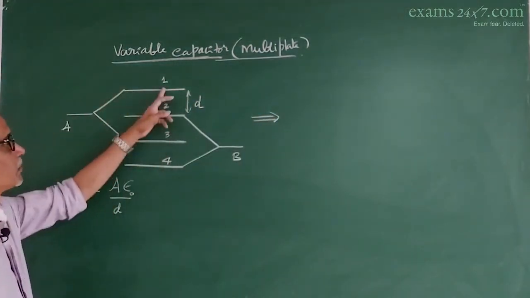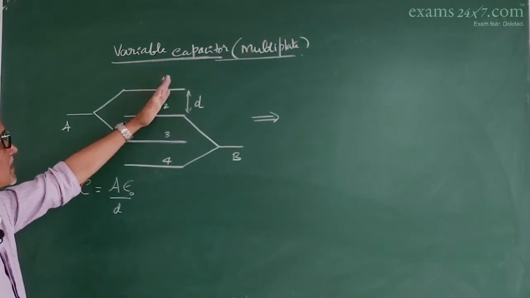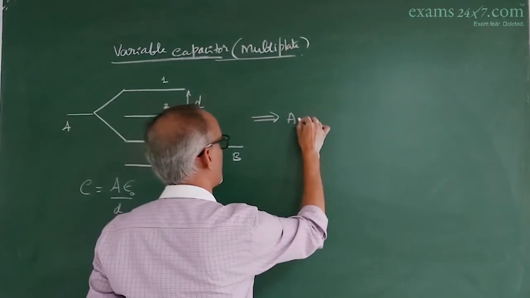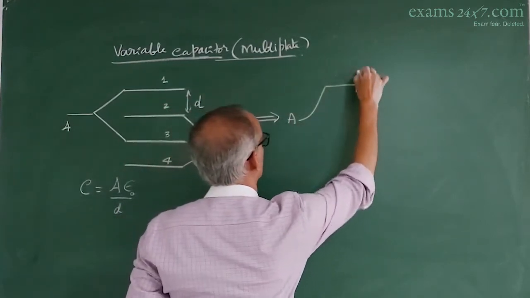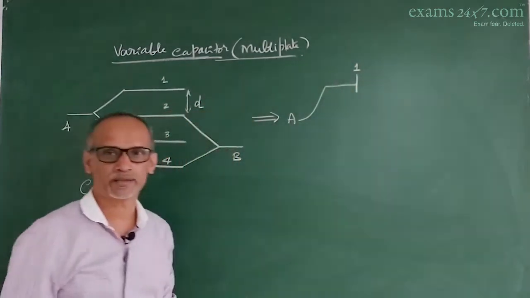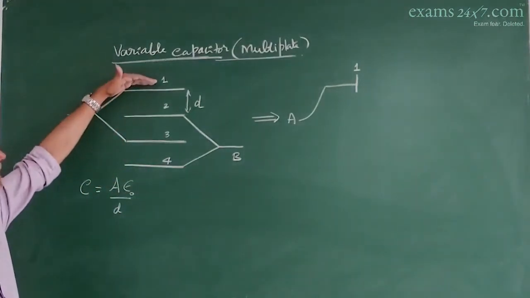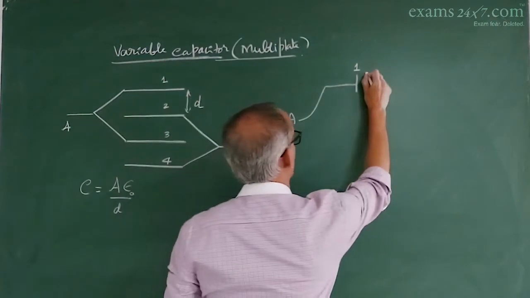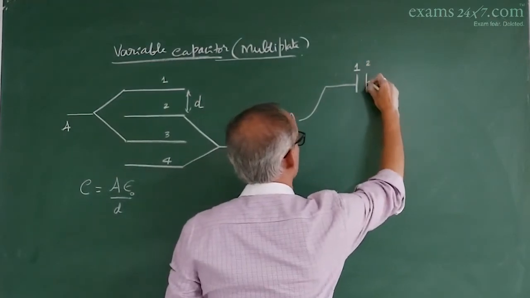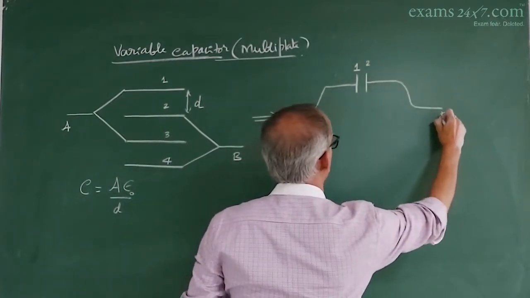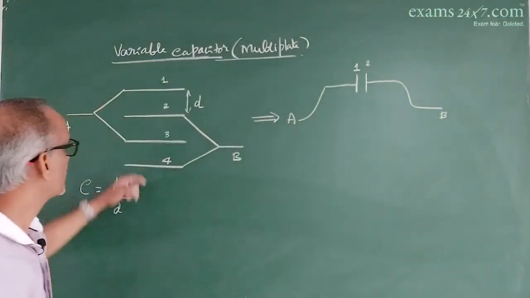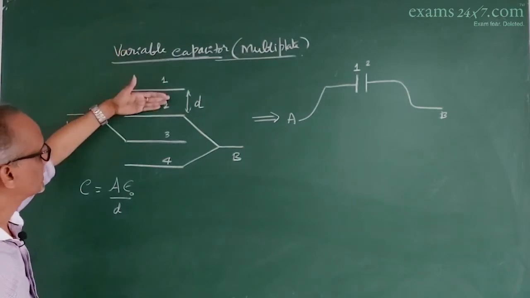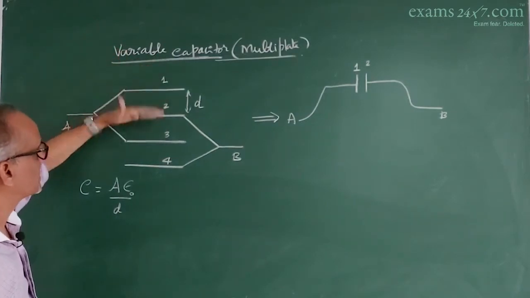Now, the plate 1 here is connected to the terminal A. So, I am going to start from here. The terminal A is here, and from A, the plate 1 is connected. And adjacent to that, there is a plate 2 which is connected to B. But what we get to notice here is the plate 2 is shared with the 1 as well as with 3.